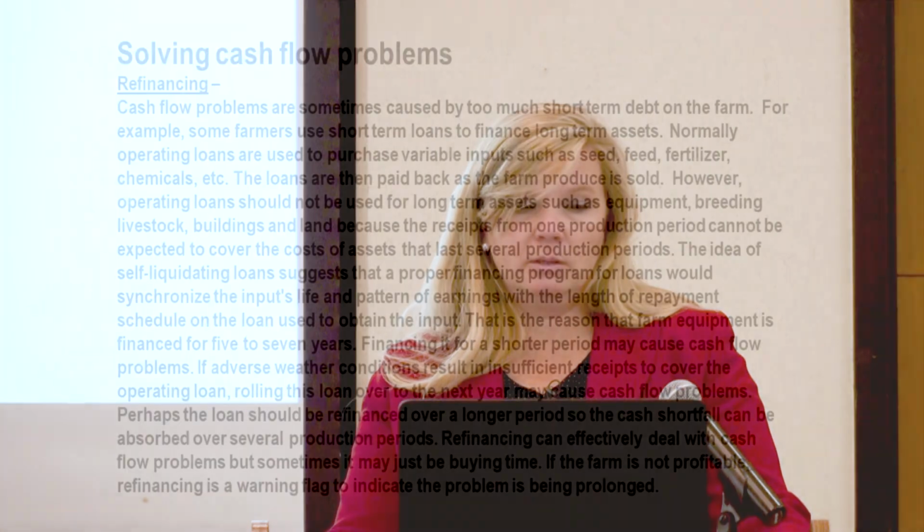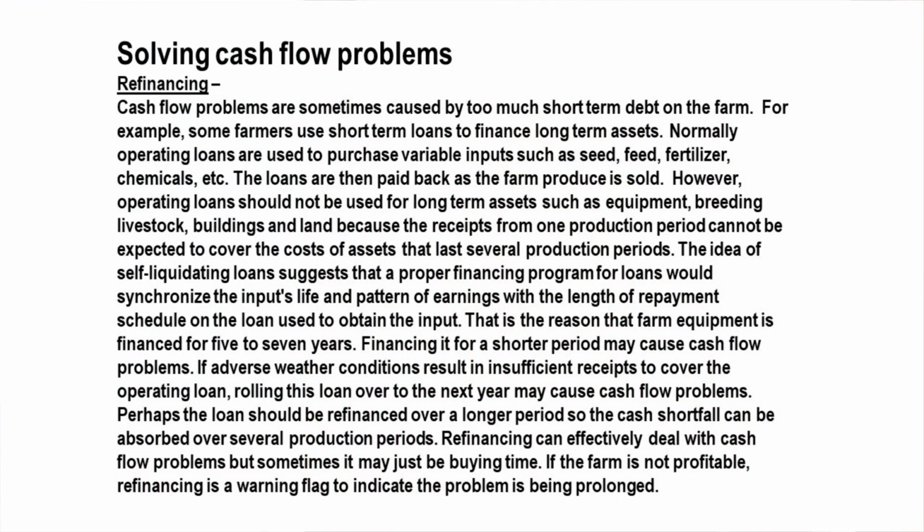Refinancing, this is one way to look at cash flow issues. Really think about the terms, but refinancing short-term loans might be a great way to solve some cash flow issues. Just looking through here to pull out some main points.